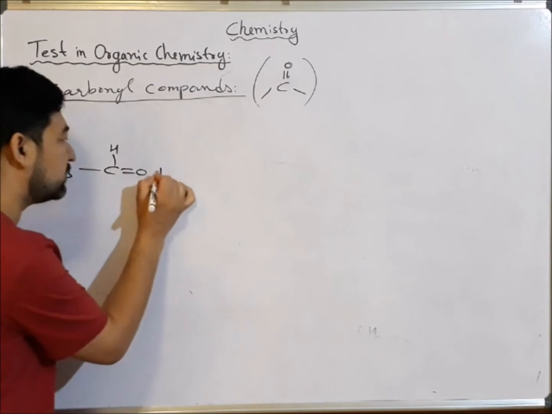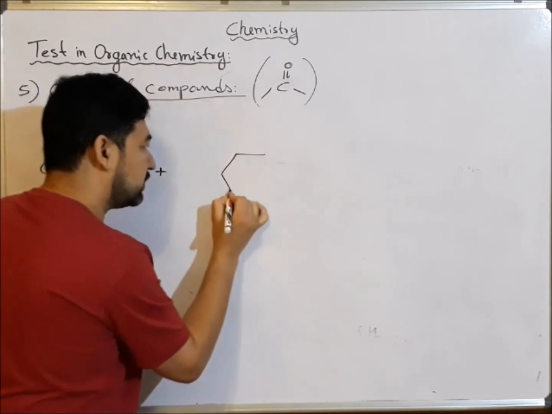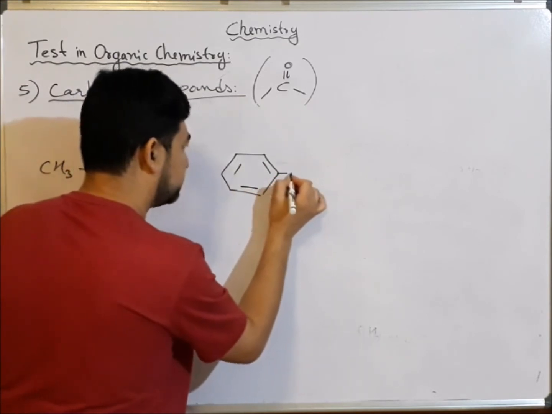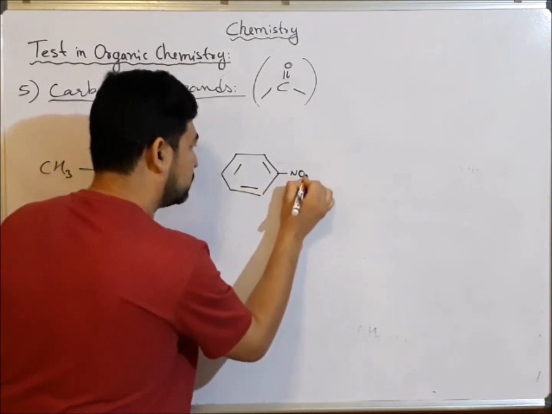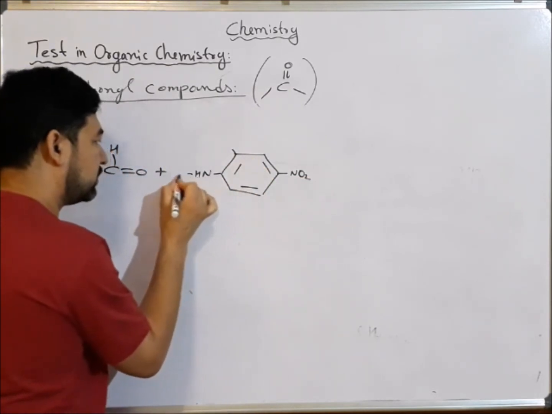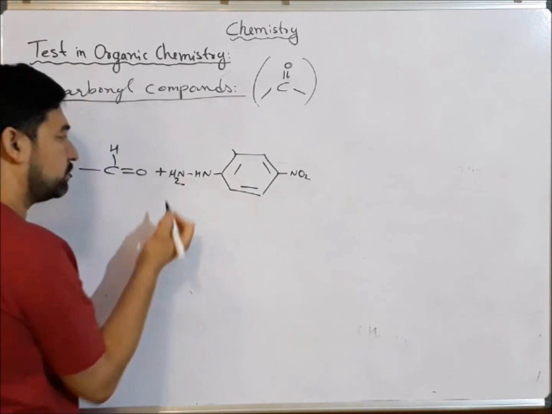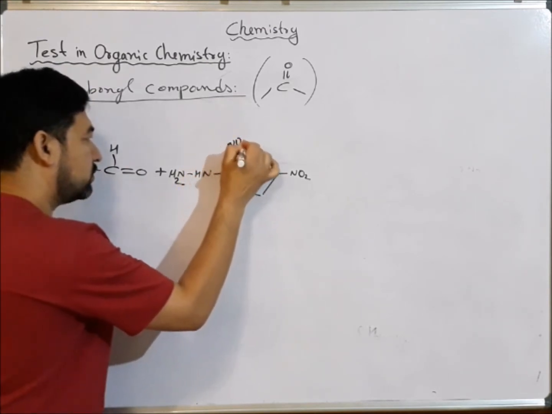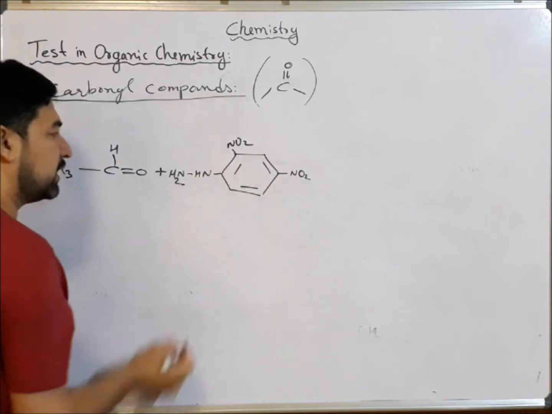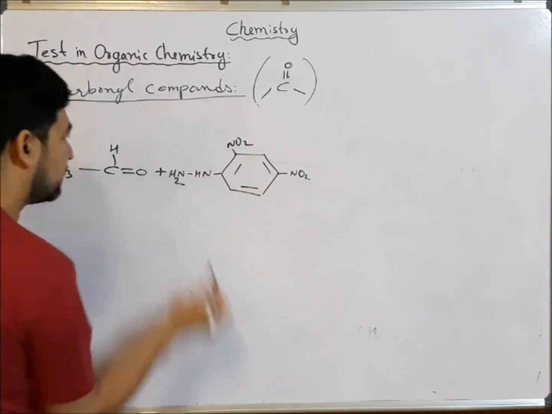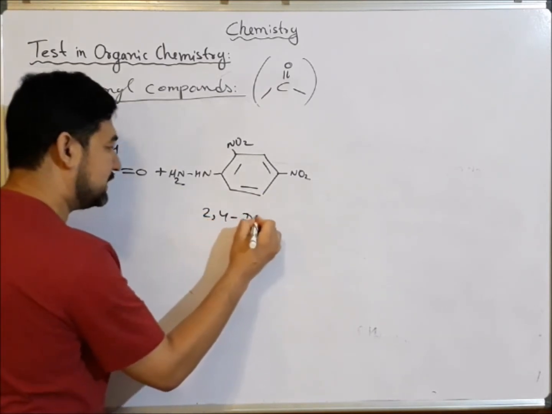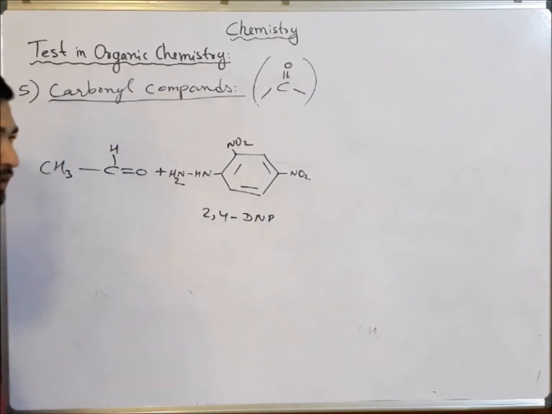When it reacts with 2,4-dinitrophenylhydrazine, here is NO2, the nitro group, and here is hydrazine, NH NH2, and NO2. It's positions 1, 2, 3, 4, so 2,4-dinitrophenylhydrazine. We call it 2,4-DNP.